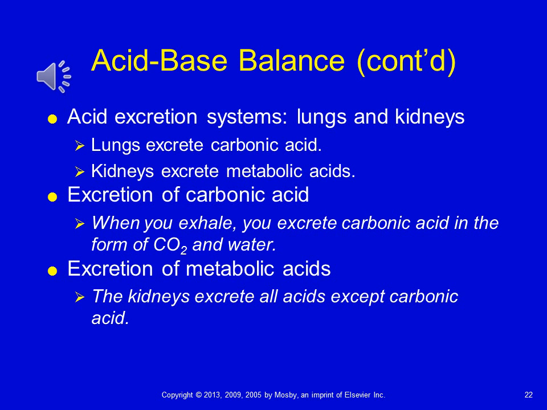The body has two acid excretion systems, lungs and kidneys. The lungs excrete carbonic acid and the kidneys excrete metabolic acid. When you exhale, you excrete carbonic acid in the form of CO2 and water. If the PaCO2, or the level of carbon dioxide in the blood, rises, the chemoreceptors trigger faster and deeper respirations to excrete the excess.